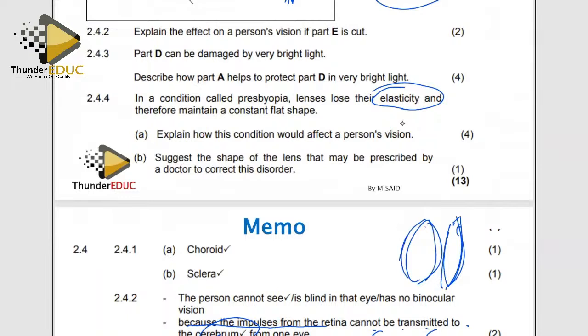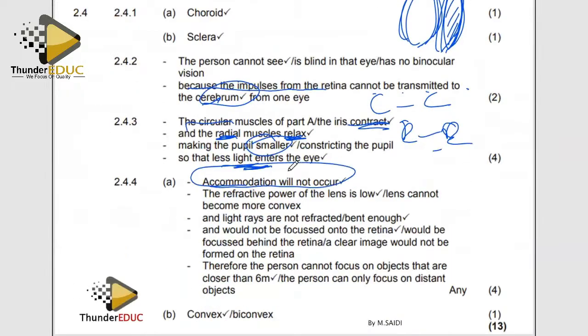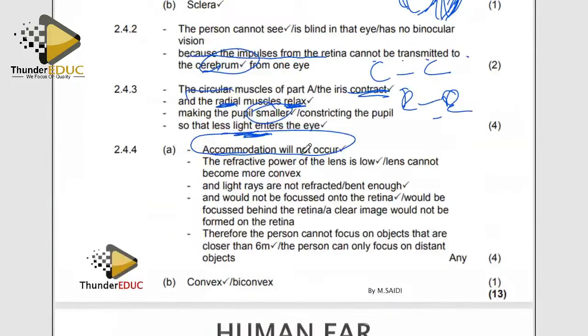Remember, when the lens is thicker you are able to see near objects, and when it is thin you see far objects. So there will be a problem in an individual seeing near objects because the lens cannot be more convex or thicker.